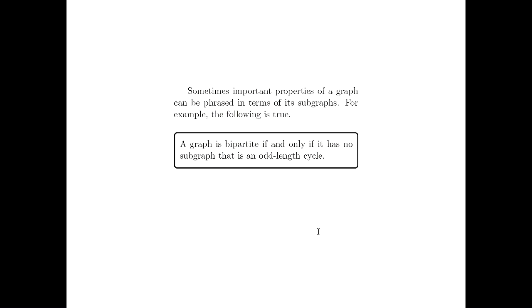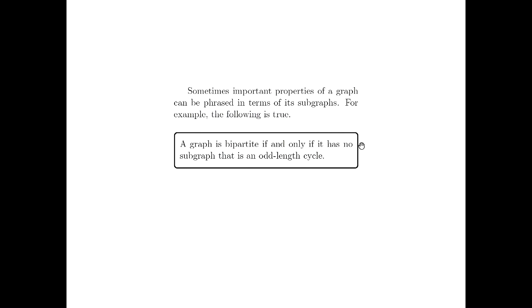Okay. So subgraphs are useful because sometimes you can say a lot about a graph by thinking about its subgraphs. So to come back to the question I was asked a little while ago, can you tell if a scrambled up graph is bipartite or not? One really good way is this. I guess this is our first sort of graph theory theorem.